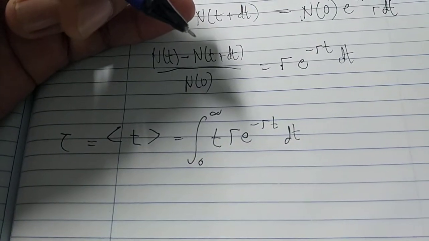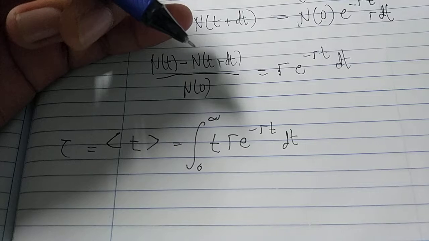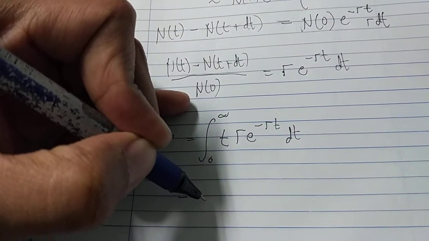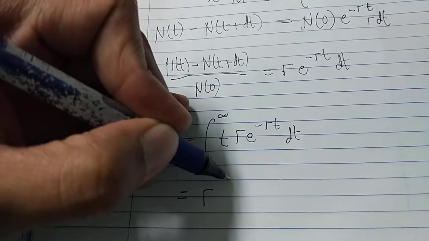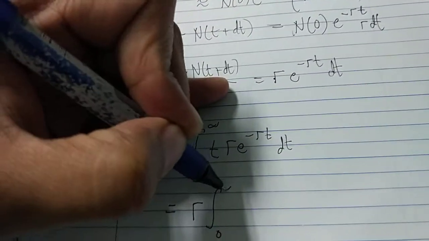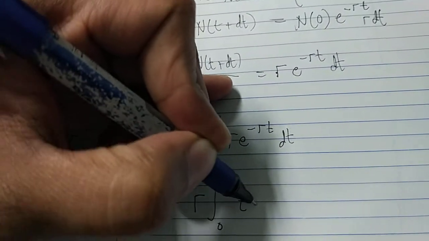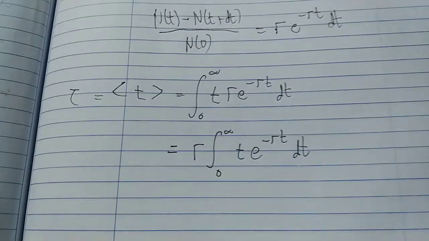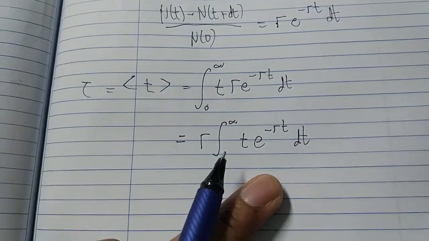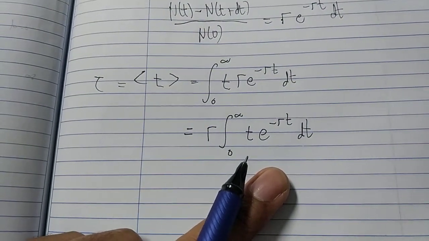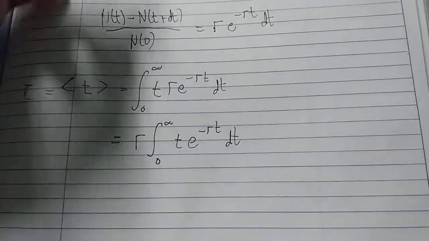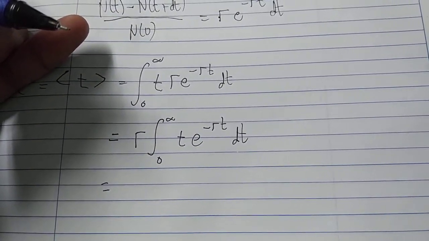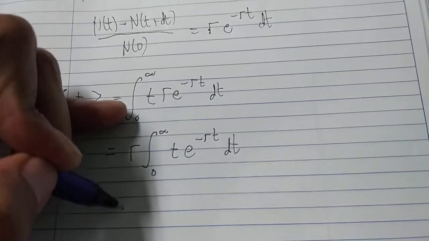So now we're integrating here. Thankfully gamma is a constant, it's a decay rate. So this will give you gamma times the integral from 0 to infinity of t e to the minus gamma t dt. You can integrate this any way you want, like integration by parts, but I think the simplest way is to define gamma t as some other variable u.